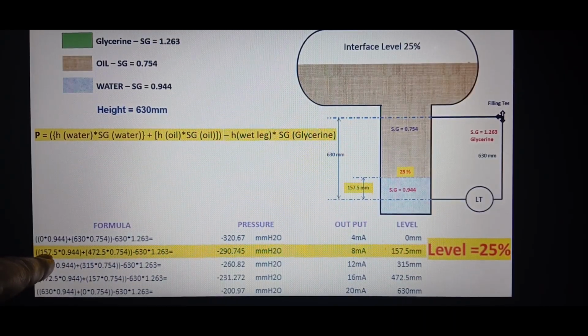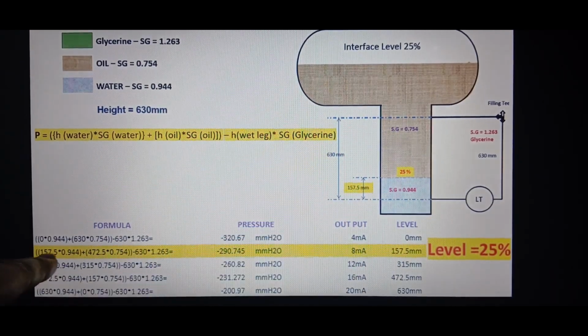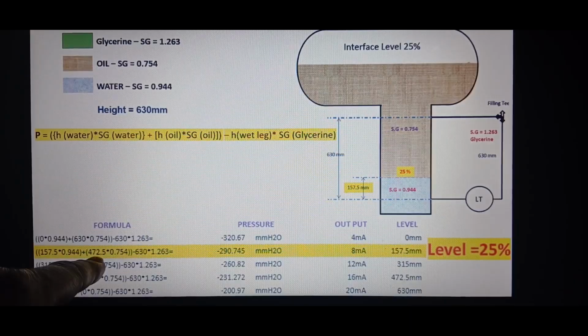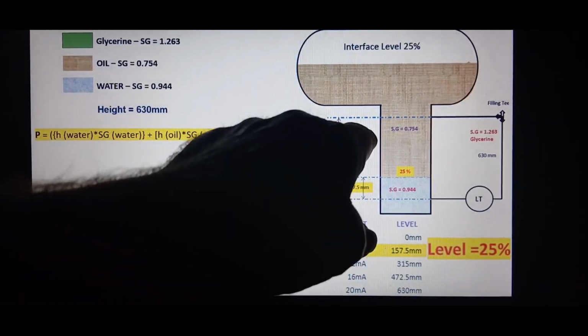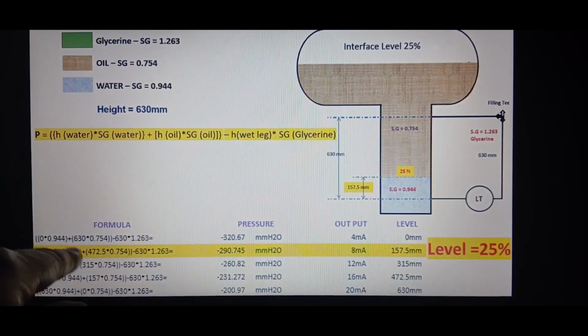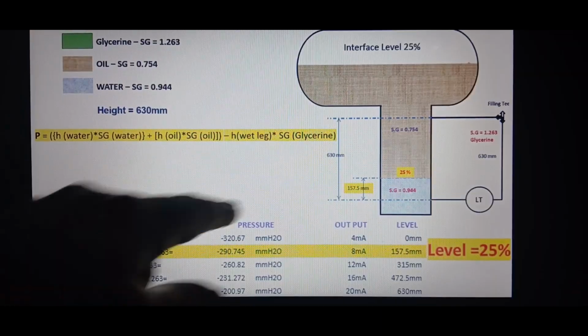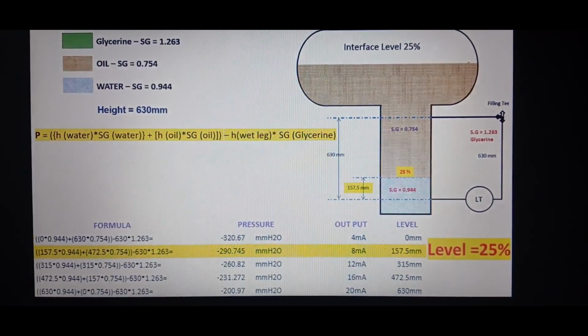But once again, we have the 157, which is the water level, multiplied by the water SG, plus whatever is left of that, which would be 630 minus that one, which will give us this value here, 472, times the SG of the oil, which is 0.754, which is that SG there.